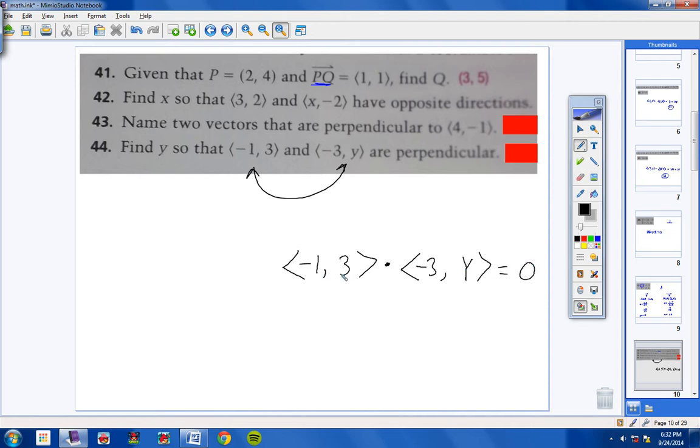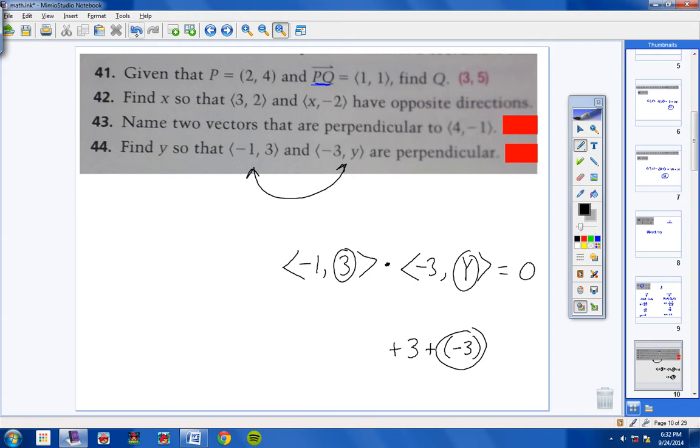Well, let's see. -1 times -3 is +3. So you know you want to add what to +3 to get a 0? -3. So what would y have to be? -1 times -3 gave us out a +3. 3 times something needs to give us a -3.